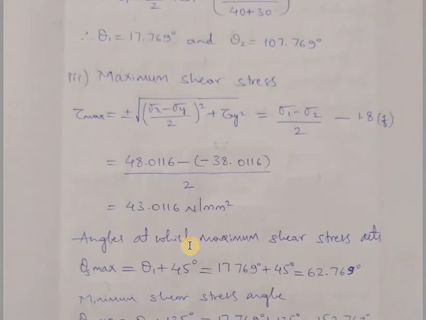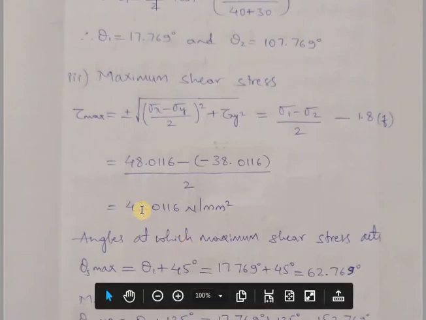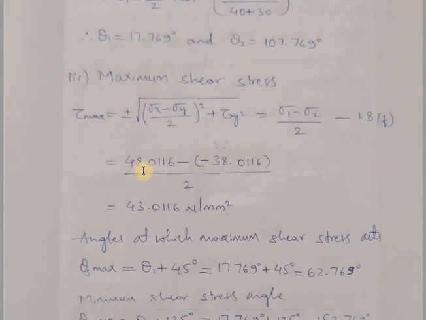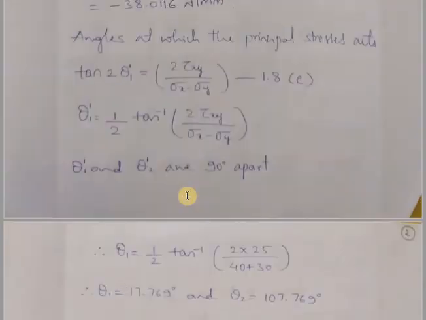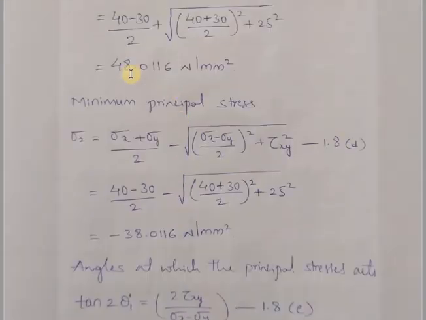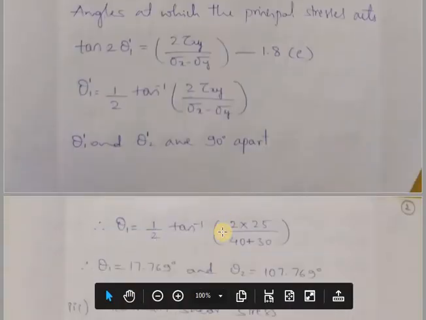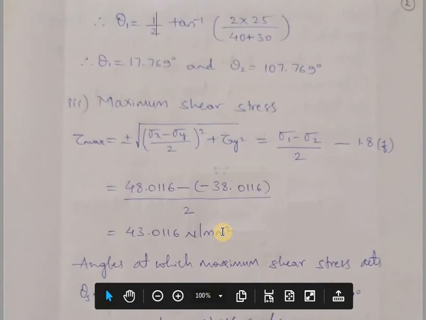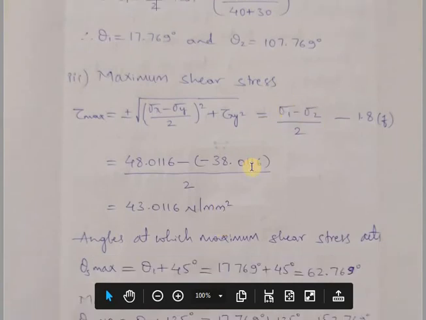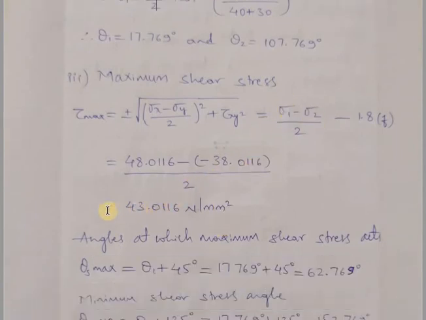Referring to this equation, here we have sigma 1 value as 48.0116 Newton per mm square, which we have calculated earlier. Here you can see sigma 1 value, and this is sigma 2 value. Substituting these two values in this equation, we get tau max as 43.0116 Newton per mm square.